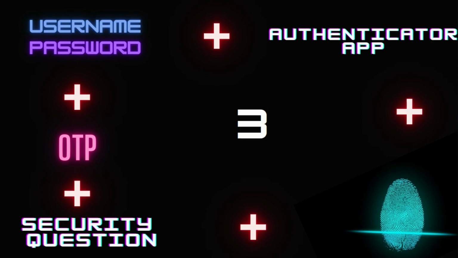In the screen you can see we can use username and password plus OTP plus security questions, or else username, password, OTP or a mobile authentication app, or a USB key, fingerprint or face recognition. On this screen I have taken a few of them, such as fingerprint, authentication app, username and password, or OTP. Any set of factors you can use.